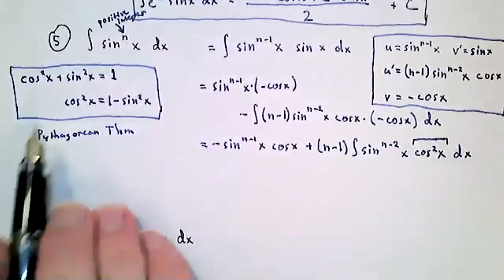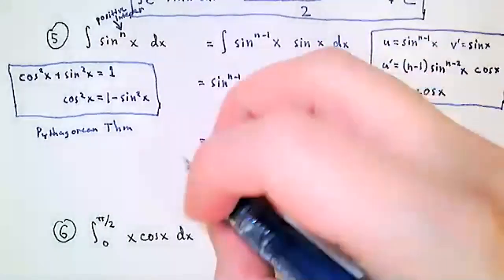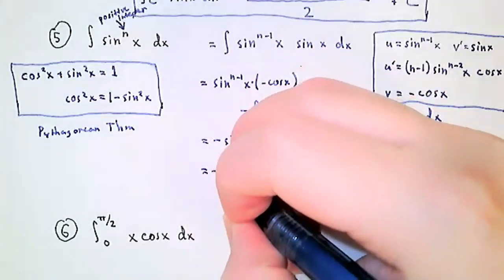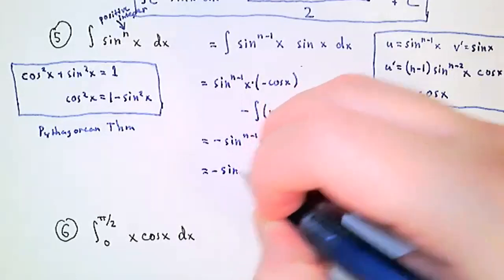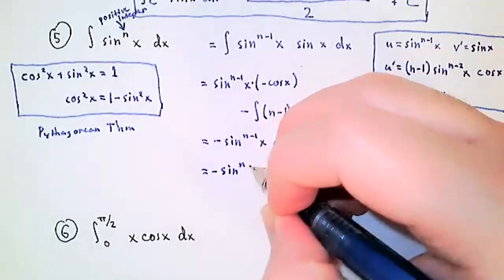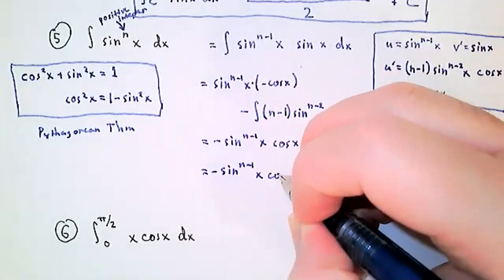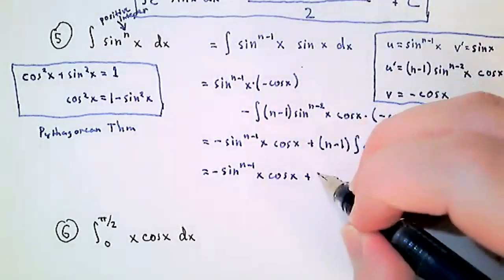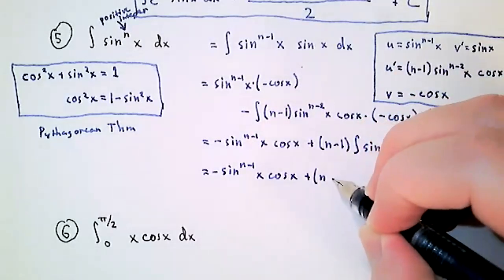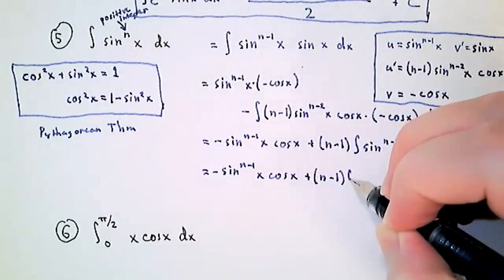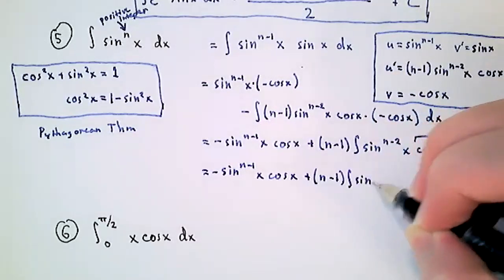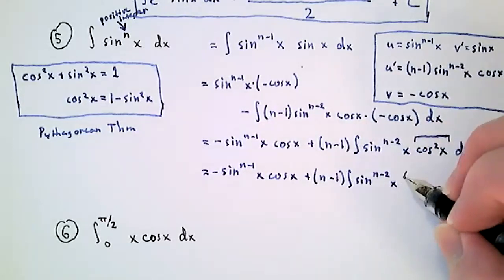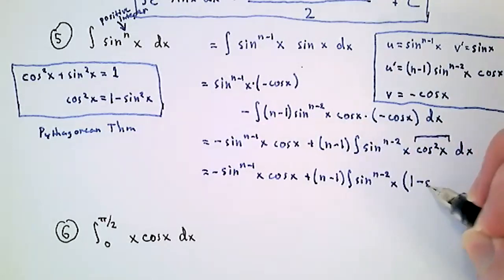Okay, so I'm going to use this over here in my integral, and we might have to flip over to the back of the page to finish here. So copy down the first part, the minus sine to the n minus 1 of x cosine x, and then replace, inside the integral, cosine squared with 1 minus sine squared.